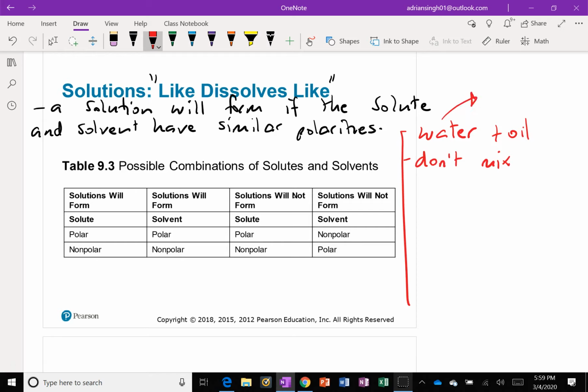So if water is polar and the solution does not form, what does that tell you about the polarity of the oil? Is the oil polar or non-polar? It's going to be non-polar. Right? You don't have to draw the structure of the oil. You can just predict its polar versus non-polar nature based on how it interacts with a polar substance like H2O.